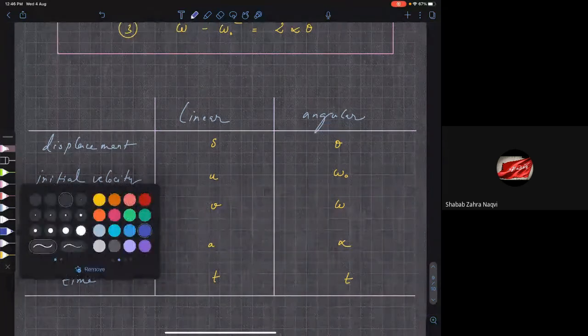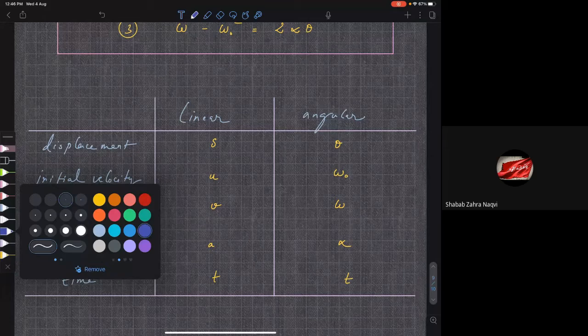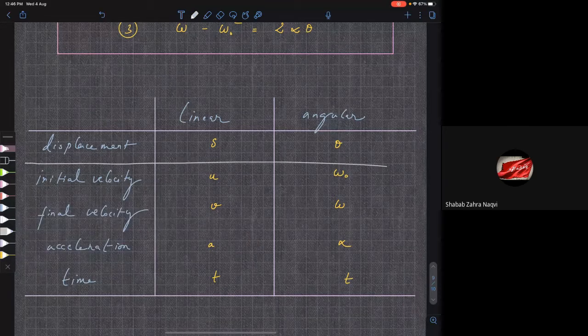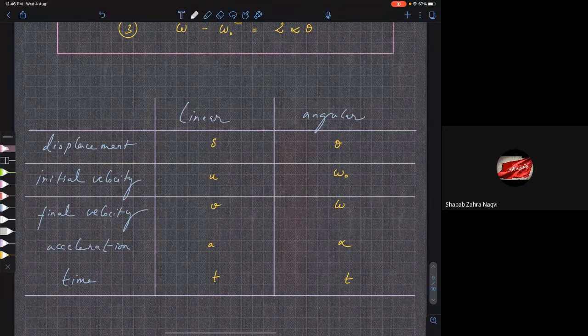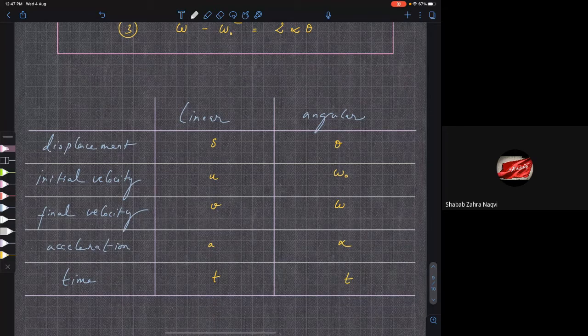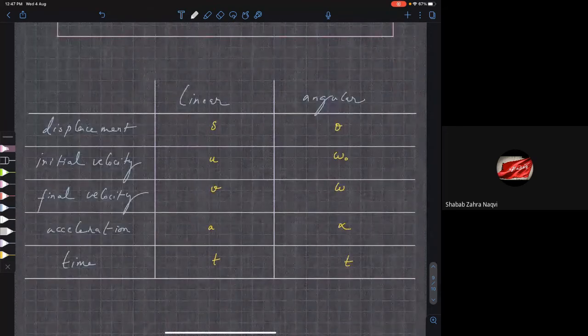Equations don't change from one to the other. Equations will be same.